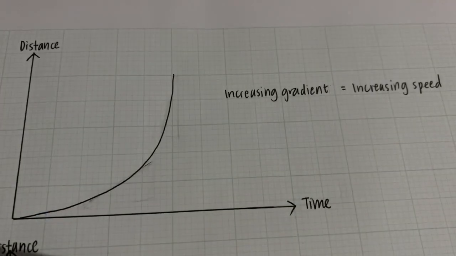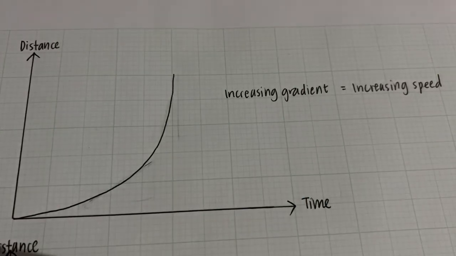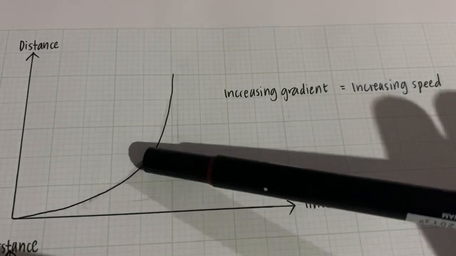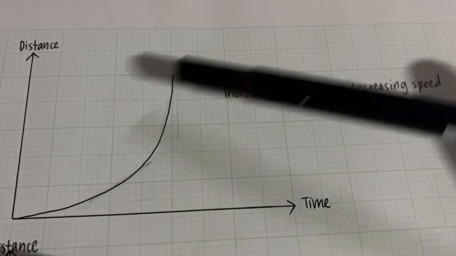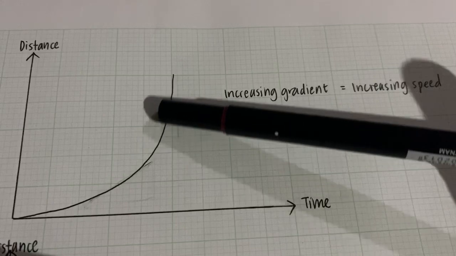So here is another example of a distance time graph, but now we are working with curved lines, or a curve. If you look at this line, the gradient here is less steep compared to the gradient here, so you can say the gradient is increasing.